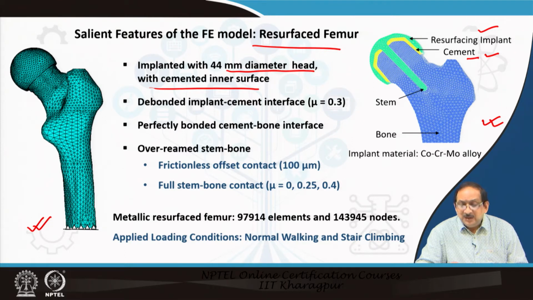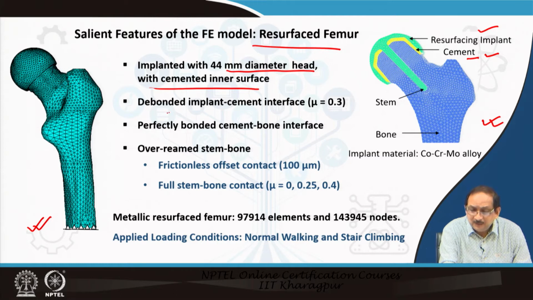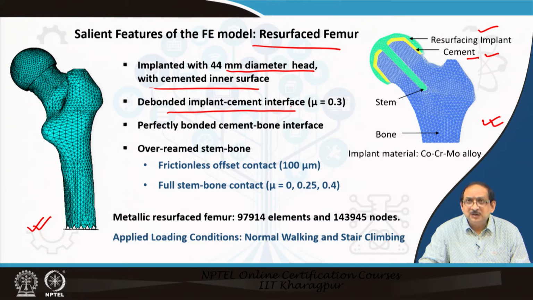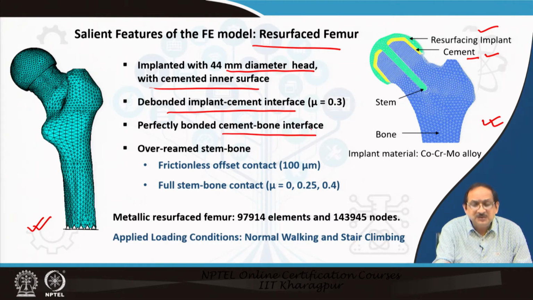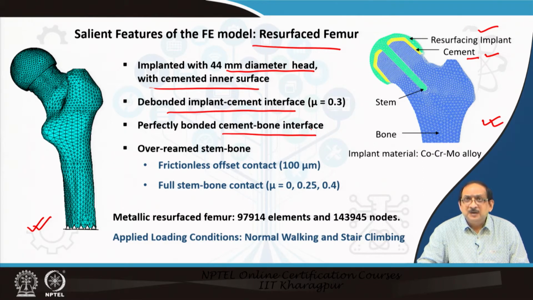Now, the implant cement interface was assumed to be debonded with friction coefficient equal to 0.3, whereas the cement bone interface was assumed to be perfectly bonded.